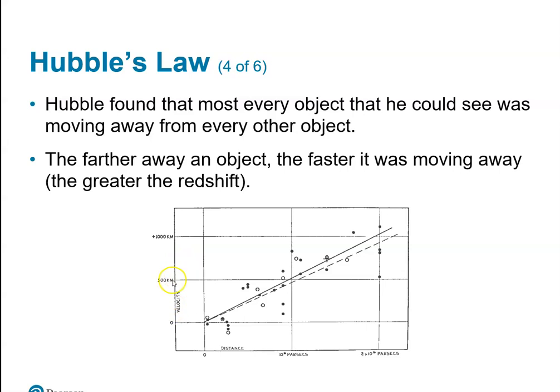The velocity is plotted on the vertical axis, and the velocity is basically the redshift of the galaxy, and the distance to the galaxy is plotted on the horizontal axis. And so you get a straight line, right? I mean, there's some error in here, but there's the straight line, and that is what Hubble's great discovery was.